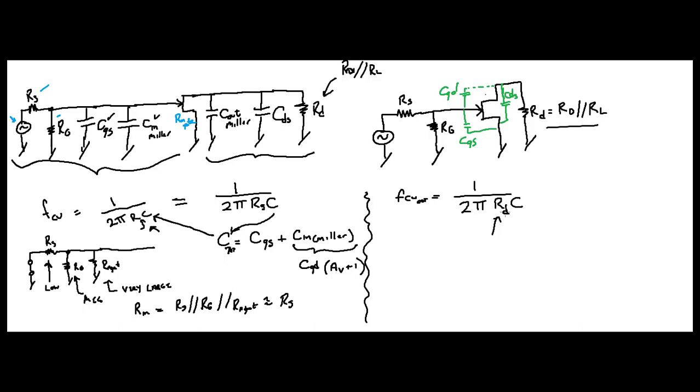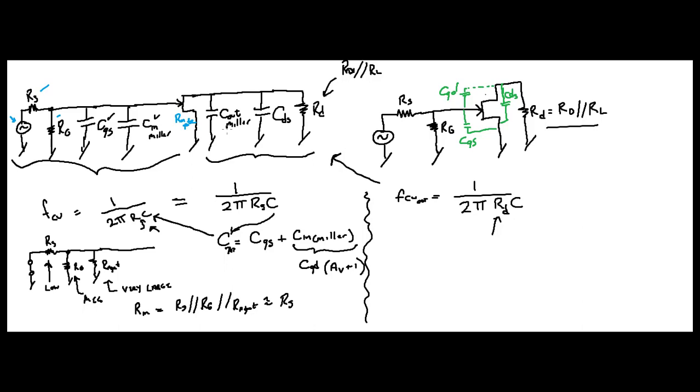Now, the capacitance is something I wanted to make sure we understand. As you can see, if we come back over here, you have CDS in parallel with C out Miller. But here's the thing. CDS is not specified in all data sheets.